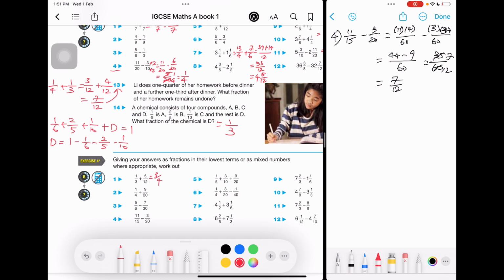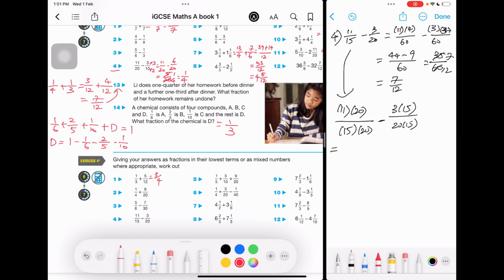However, if you do it the more easier way without trying to think about the lowest common denominator, what you can do is you can just multiply both denominators together straight away. So what do I mean? Basically, if you bring this down and you take 11 multiplied by 20 over 15 multiplied by 20 minus 3 multiplied by 15 over 20 multiplied by 15.